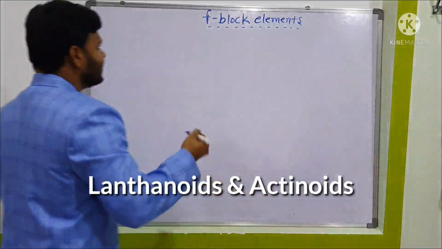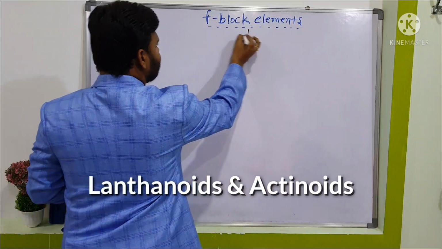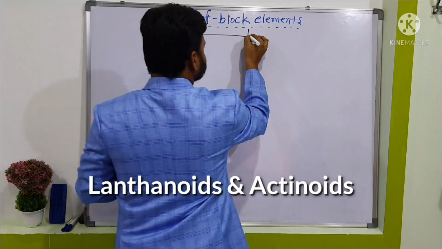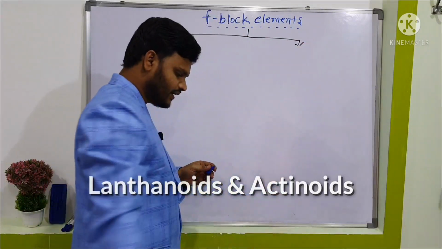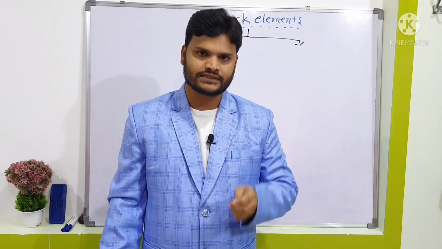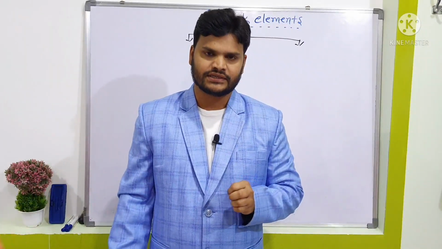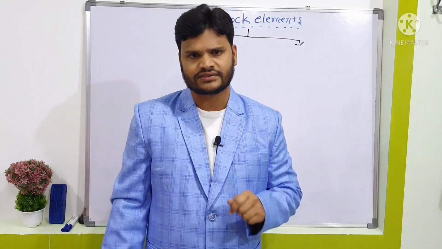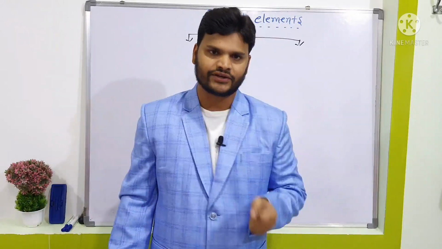So the F block contains two series. Number 1, the 4F series, number 2, the 5F series. The 4F series is nothing but the lanthanoids, and the 5F series is nothing but the actinoids.